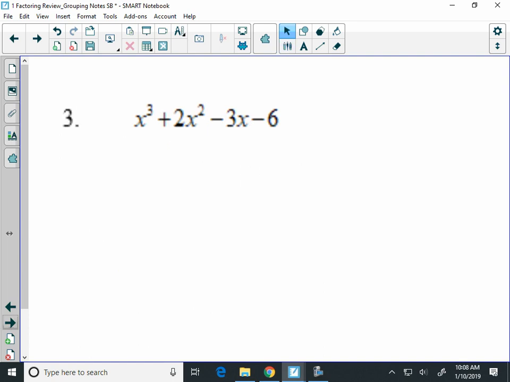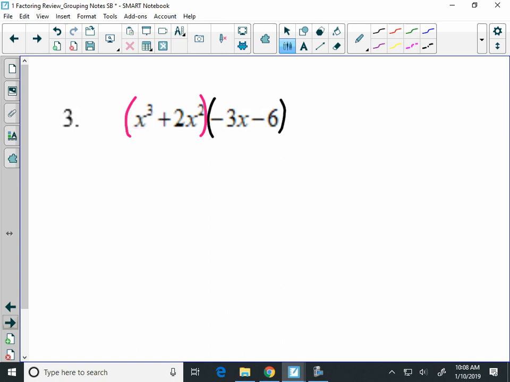All right, number 3. Again, I start by looking for a GCF. X cubed, 2x squared, negative 3x, and negative 6. There is no number that goes into all of those, no variable. So I go ahead and start with grouping. I group my first 2 terms and my second 2 terms.